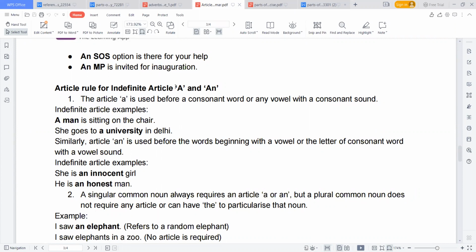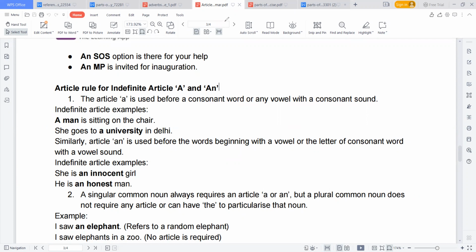Now a and an are both articles, and both are used before nouns and adjectives. Students only know that they are used before nouns, but they are also used before an adjective.